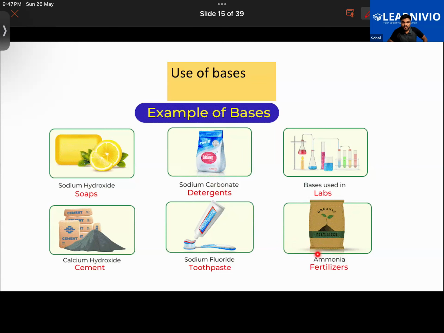We made fertilizers using ammonia, and we found out that ammonia is a basic substance in nature. Or we made toothpaste, and in this we use sodium fluoride, and later we got to know that sodium fluoride is actually a basic substance.